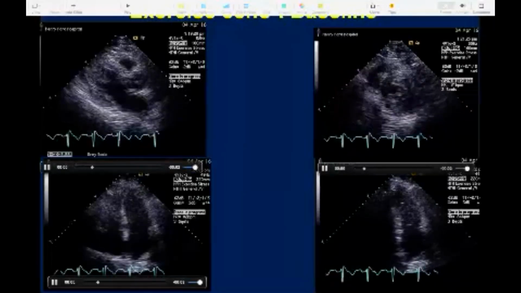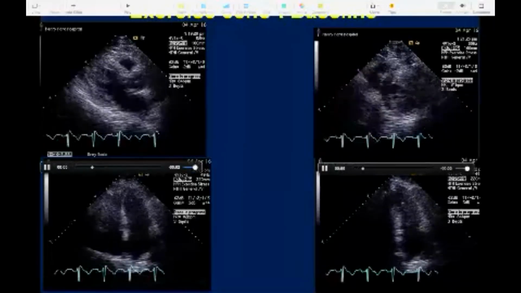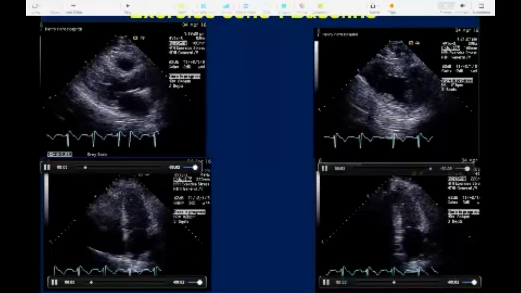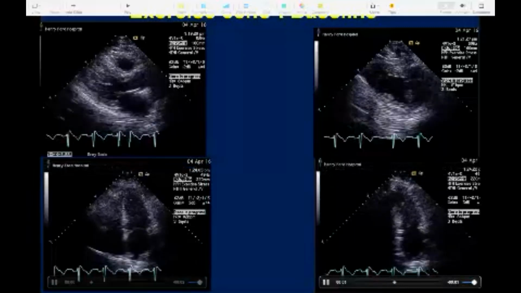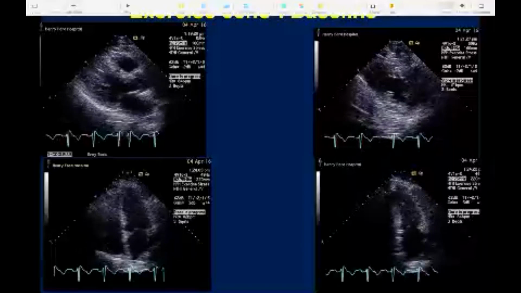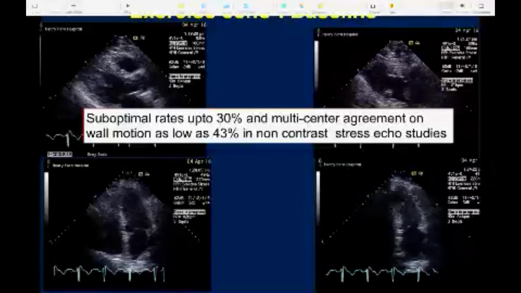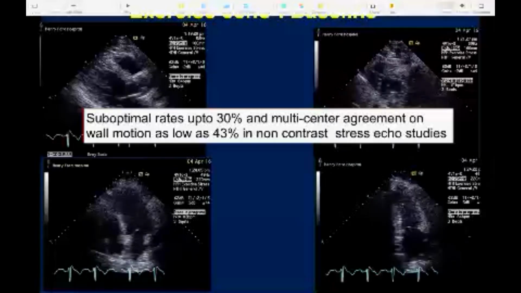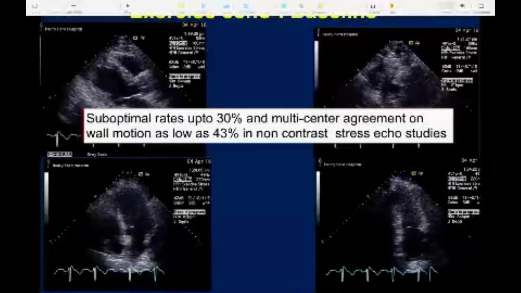So here are parasternal images in the exercise pre-baseline echo, which is good quality, but you can see the apical images are challenging. So particularly for exercise echo, it's very important to recognize this because you usually don't have an IV, and so the sonographer needs to plan for this in advance. That is because about 30% of even harmonic imaging stress echoes still are suboptimal.